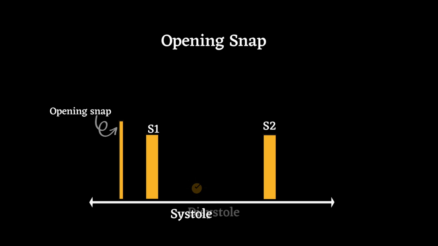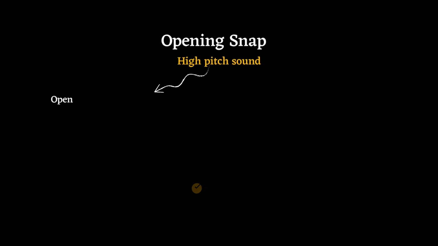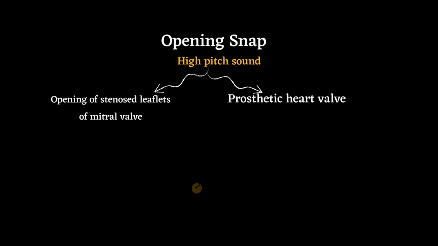The last sound is the opening snap, which is early in diastole, and it's different from S3 because it's a high-pitched sound that occurs due to opening of stenosed leaflets of the mitral valve and prosthetic heart valve.